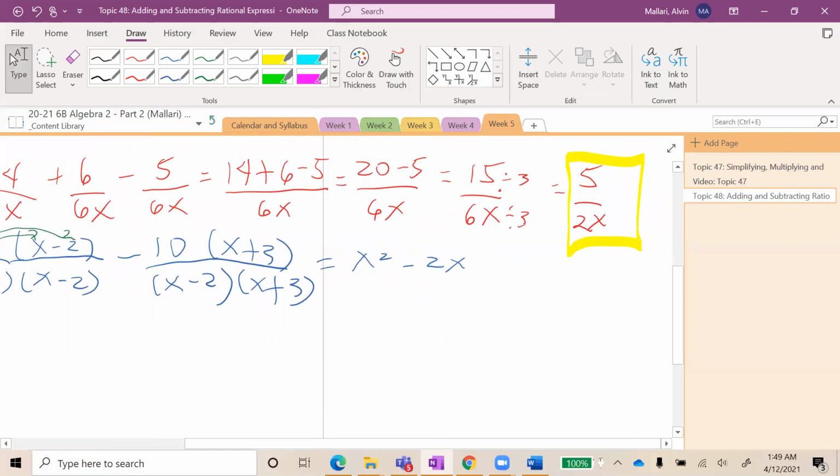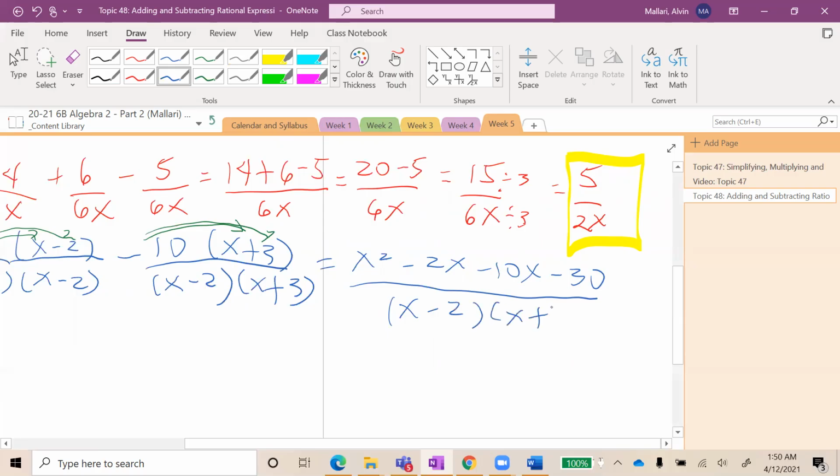Working with the second group, we'll have negative 10 multiplied by x, which is negative 10x. And then we have negative 10 multiplied by 3, that will be negative 30. Divided by our LCD, which is x minus 2 times x plus 3.